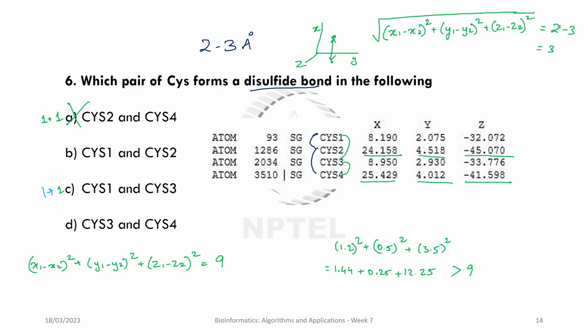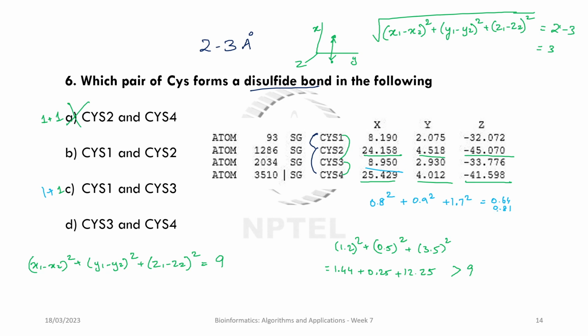I guess you guys got a glimpse of the answer. So let's first check C. 1 and 3. So between 1 and 3, it's hardly 0.8 square plus here you have some 0.9 square plus this will be about, let's say, 1.7 square. So 0.64, 0.81, and this is 2.89.